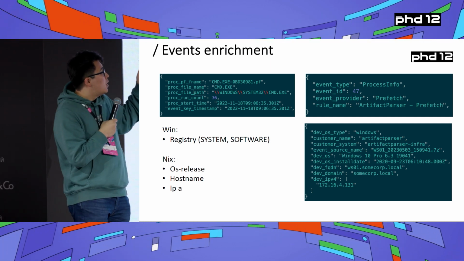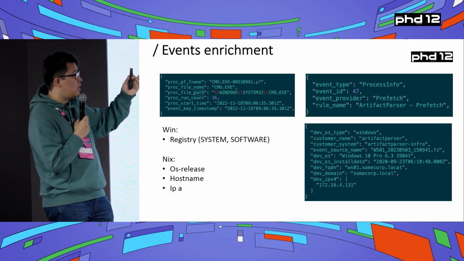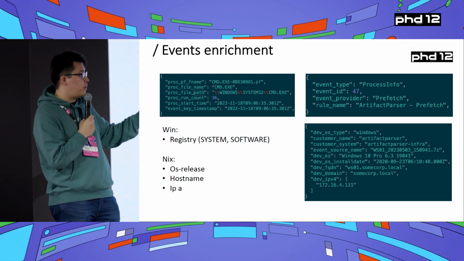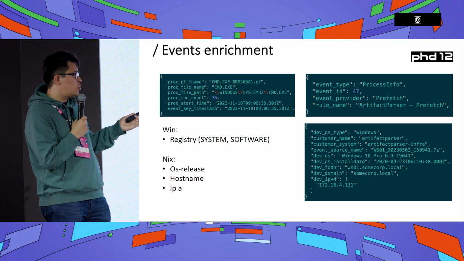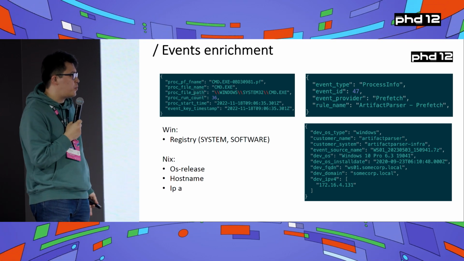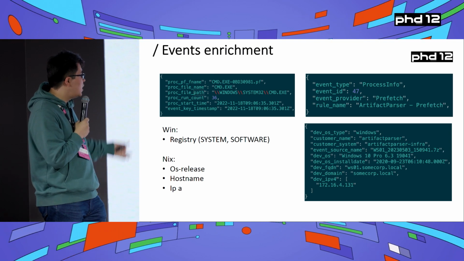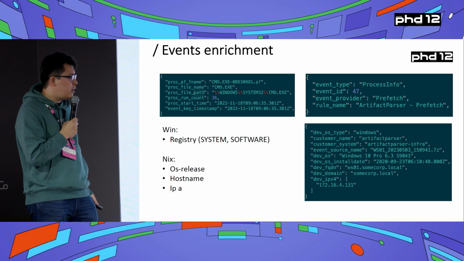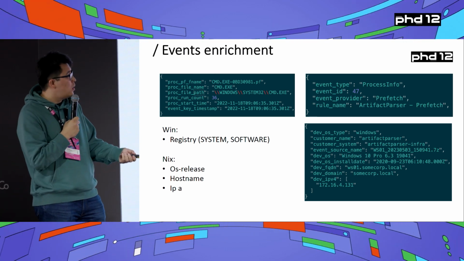Not all the fields have been filled, not all the fields are there, and first they would be enriched with our service information in order to understand what kind of an event it is. And then the parsed information would be added, the enriched information based on the data about the IP, and we can get that from registry and from some specific files or from the utilities' conclusions.